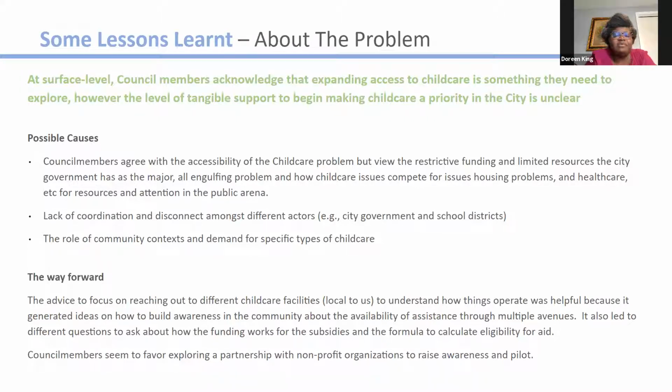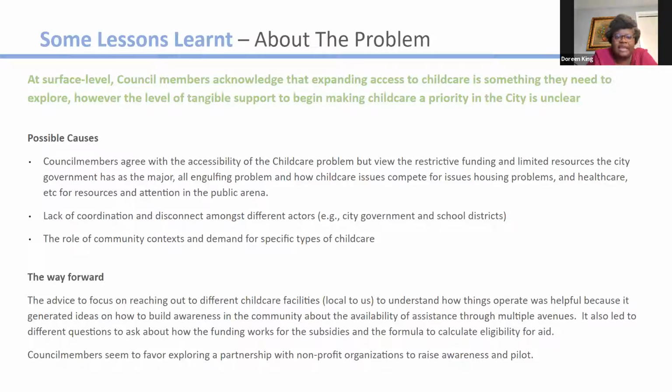So in having those conversations, we really got very important information and guidance as to how to build that awareness and that support. And we also looked into things like subsidies and how that impacted this problem, areas that we would not have necessarily had that much information on, but we gleaned this new information.